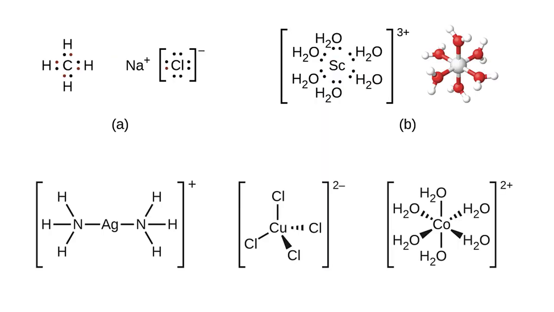chemistry. Coordination chemistry is interesting because we have a lot of unique structures that we may not have seen before, and they're all centered around these transition metals. So again, where we've had these Lewis structures previously, like in object A here, where we have methane and sodium chloride, these are more traditional structures. In complex ion formation, we'll have things like a metal in the center, like in B, we have the scandium in the middle, where we have 6 waters arranging around it.